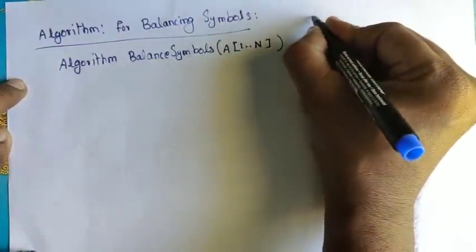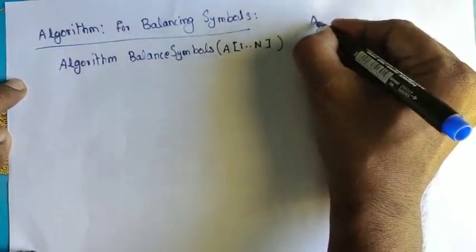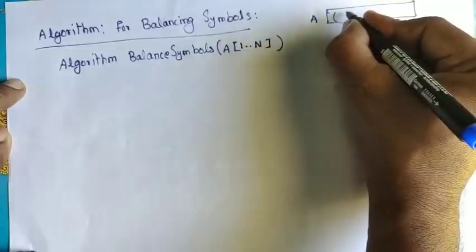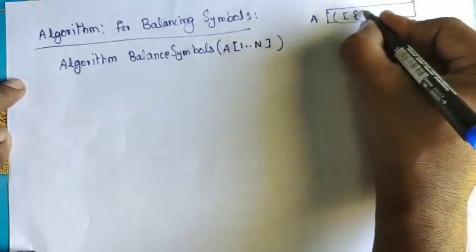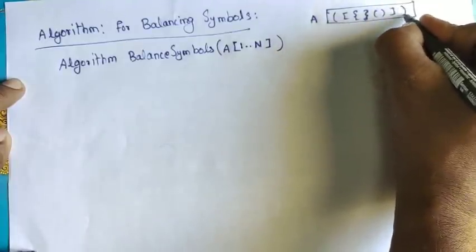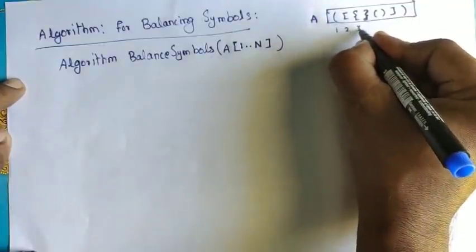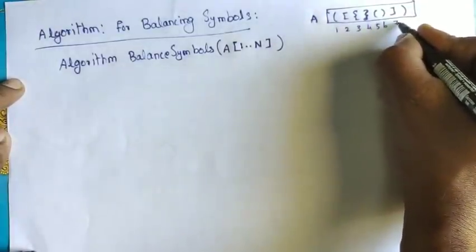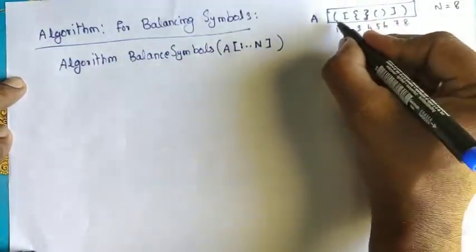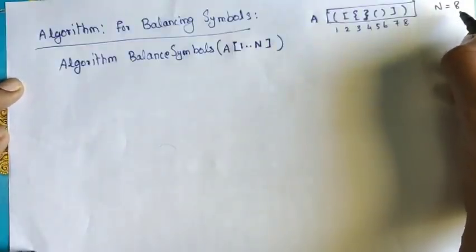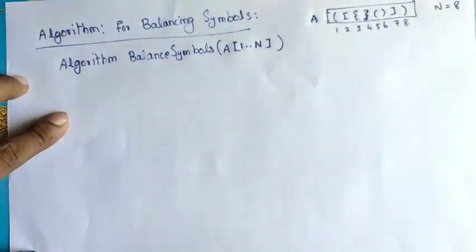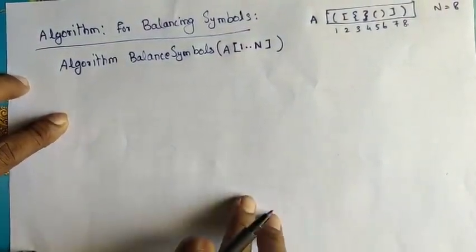A is a sequence of symbols, like this: open, bracket, and so on, numbered 1 2 3 4 5 6 7 and 8. Here n equals 8 in this example. This array contains the values from 1 to 8.